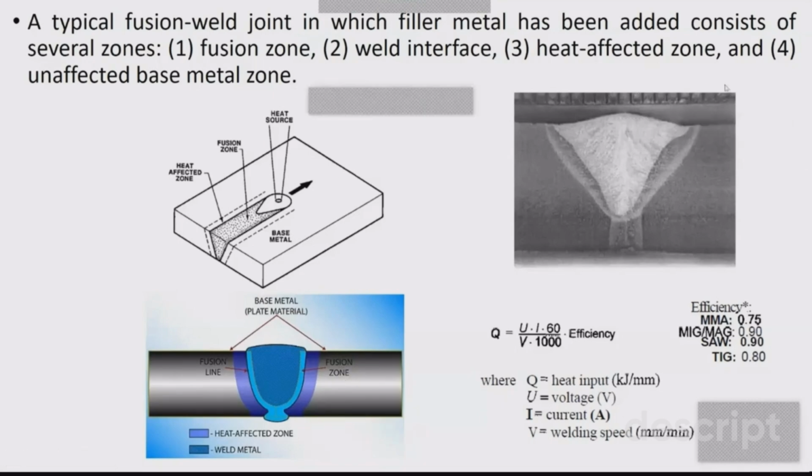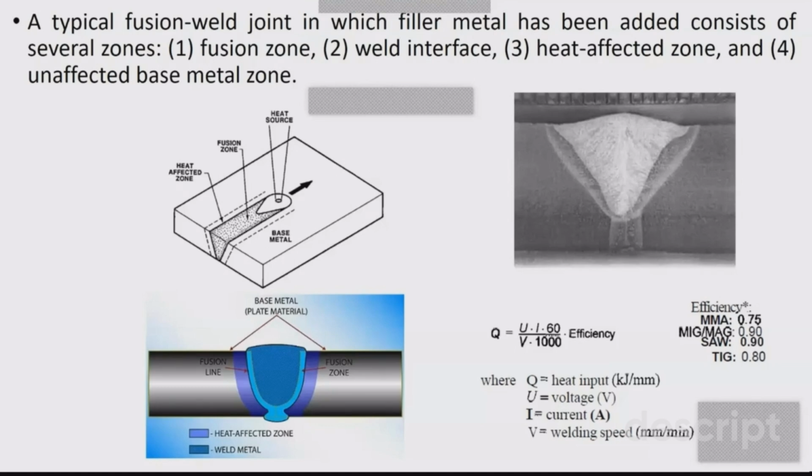This is the macrograph of a cross-sectional welded joint. These sheets were very thick, so intentionally you had to create a V groove between them, which is called beveling. The correct term is beveling of the edges.